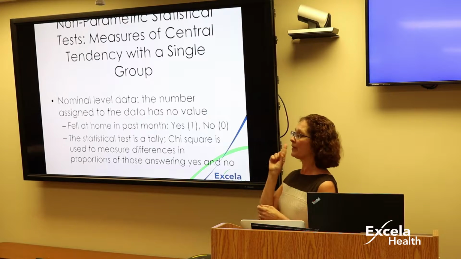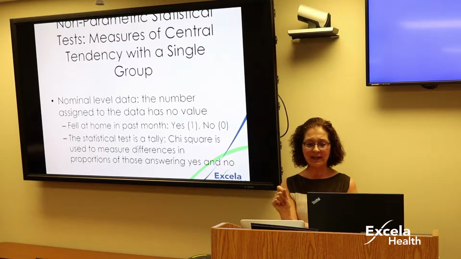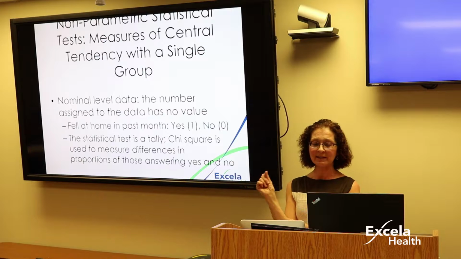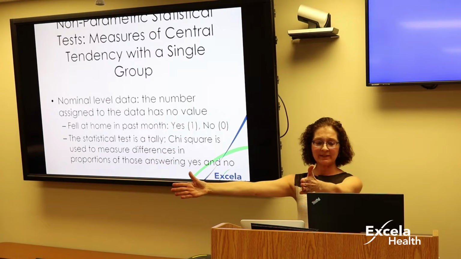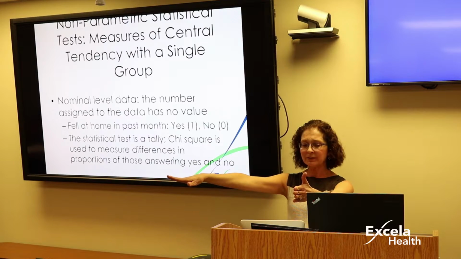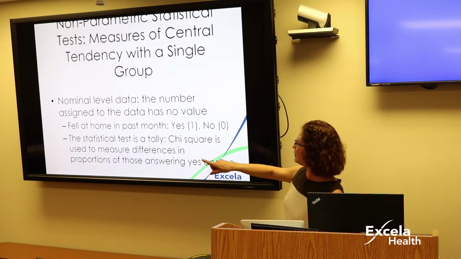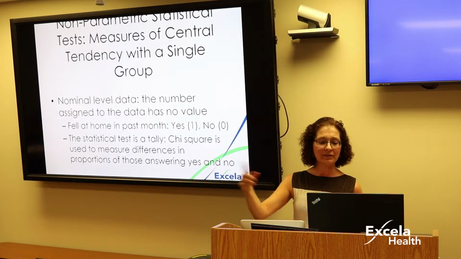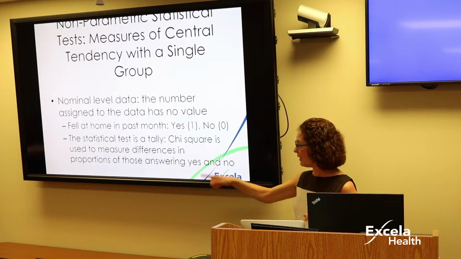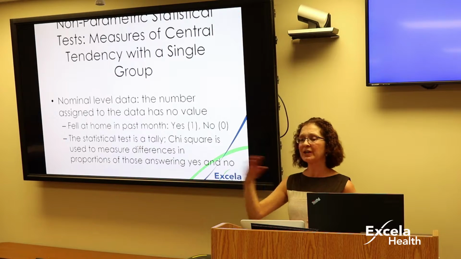Okay, so the non-parametric statistical tests, we're looking at measures of central tendency, one group. So you have one group of people like all of you sitting in this room, nominal level data. The data has a number, but that number has no value. Did you fall at home in the last month? Yes or no? Did you fall in the hospital in the past 24 hours? Yes or no?